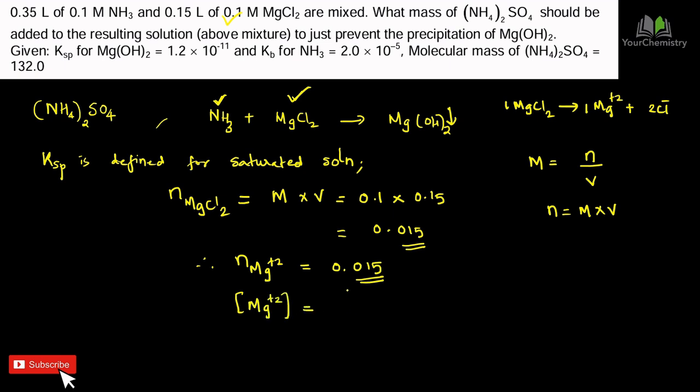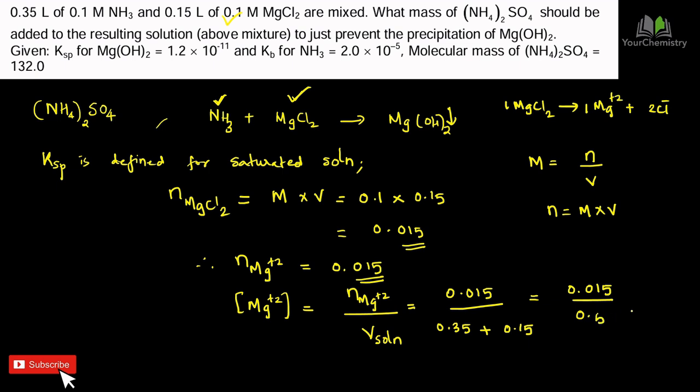Now, on mixing NH3 and magnesium chloride, what will be the concentration of magnesium plus 2 in the solution? That will be number of moles of magnesium plus 2 divided by new volume of solution. That is 0.015 divided by the total volume by mixing, that is from NH3 0.35 plus from magnesium chloride 0.15, that is 0.015 divided by 0.50.